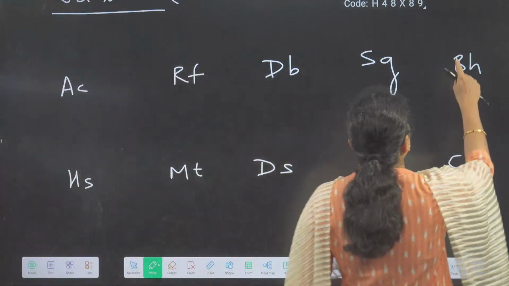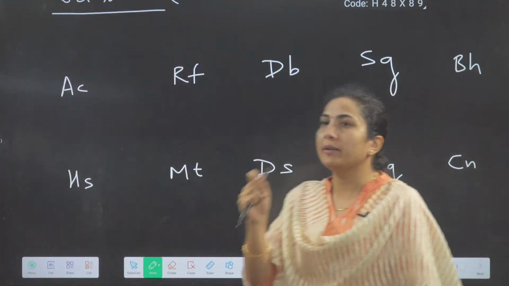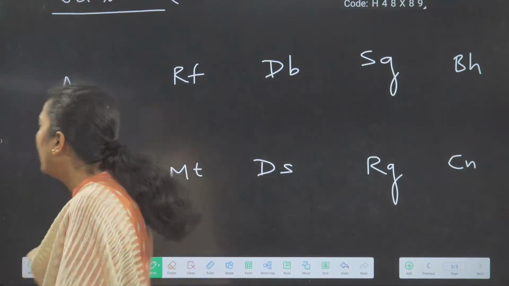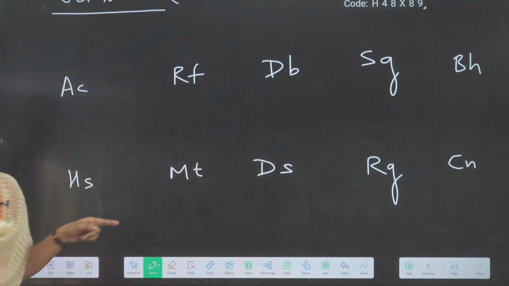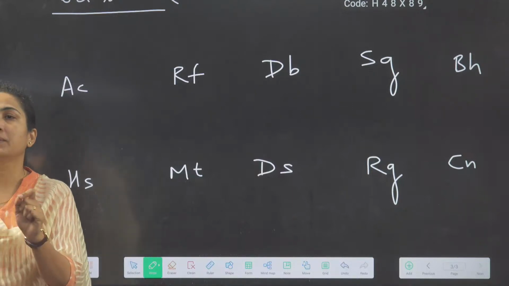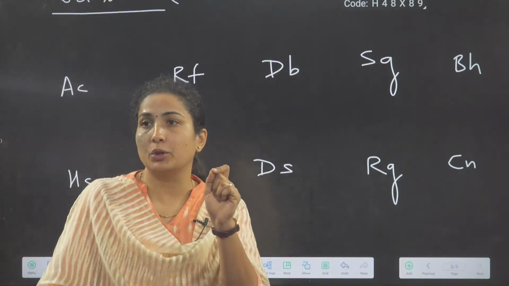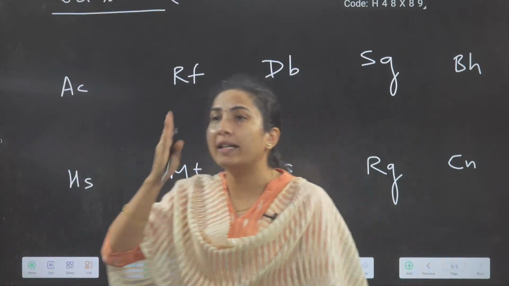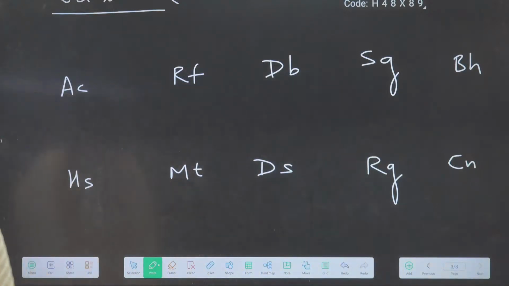Then BH stands for borium. Then HS stands for hassium. Then MT stands for meitnerium.